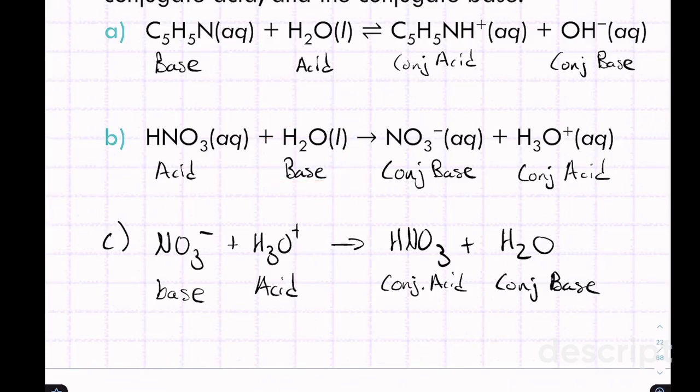And when we reverse the reaction, now it's the conjugate base. Right, so that's what I meant when I said, when you reverse the reaction, the conjugate just stays on the product side. So NO3 minus is still a base, or it's conjugate base here, but it stays a base, but now it's just the base, because it's accepting that proton.